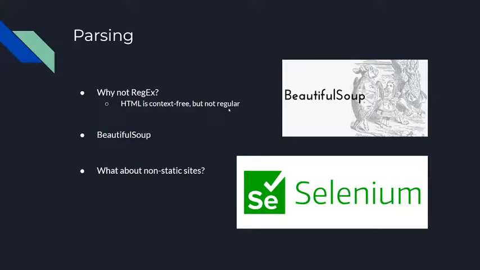A regular language, I should say, is a subset of context-free language, but HTML is not a regular language, and so a regular expression is not always very well suited to searching it, and especially not compared to something like Beautiful Soup, which knows how HTML works, how all of the different attributes work, and how to interact with them.